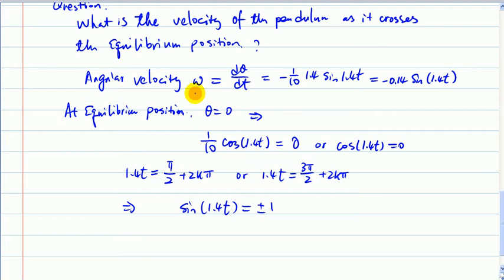Why this matters: we're looking for the translational velocity, and I'm going to derive an equation showing the relationship between translational velocity and angular velocity.